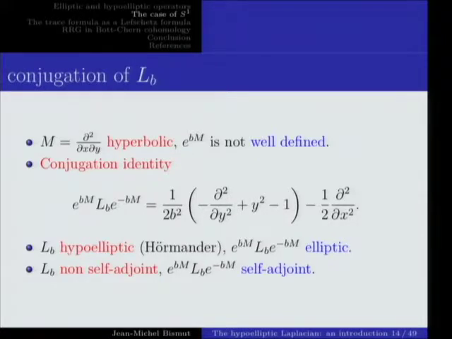So we find that L_b, the original hypoelliptic operator, is formally conjugate, by a conjugation which does not make sense, to an elliptic operator, which is, in some sense, much simpler. Why is this important? If we were able to make sense of the conjugation, the two operators would be isospectral.